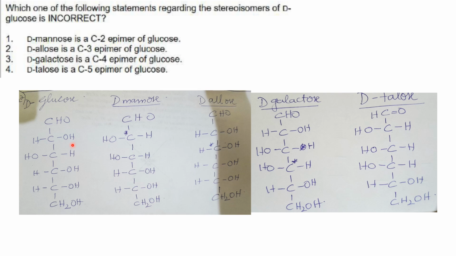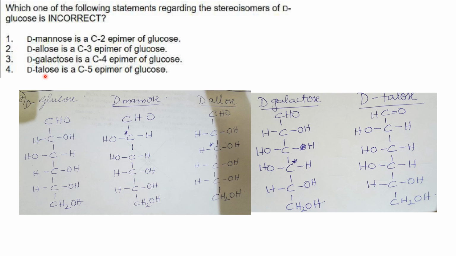So they are epimers. Now allose and glucose differ at carbon position 3 in the position of the OH group. For galactose, at carbon number 4, the position of the OH group is different from glucose. So 1, 2 and 3 are correct. They have asked for the incorrect statement, so naturally 4 is going to be incorrect.